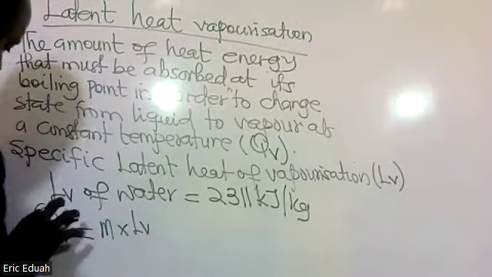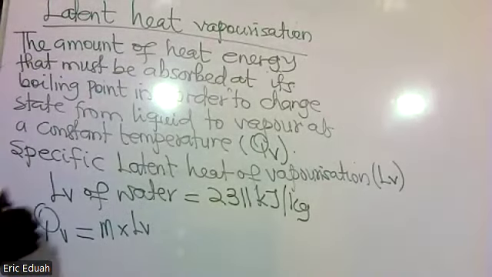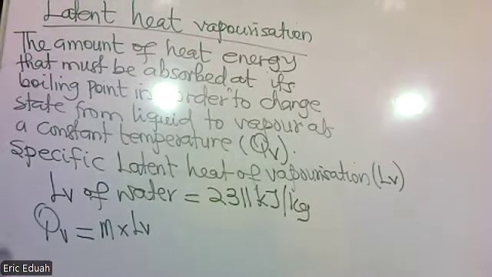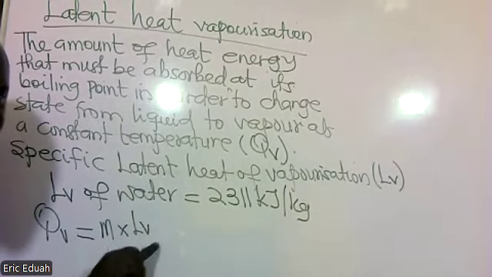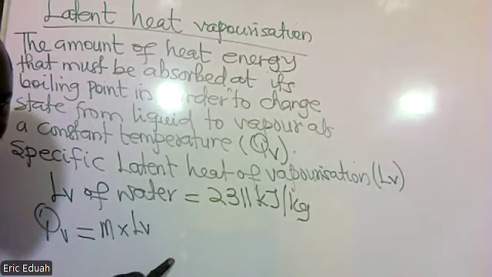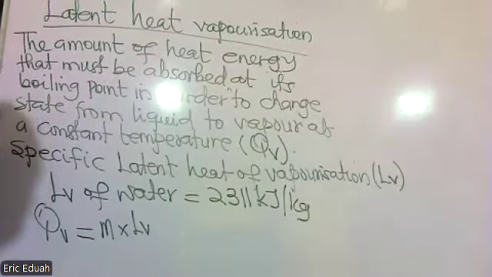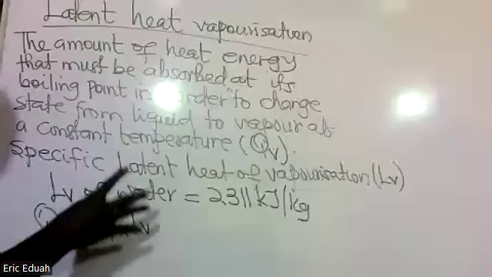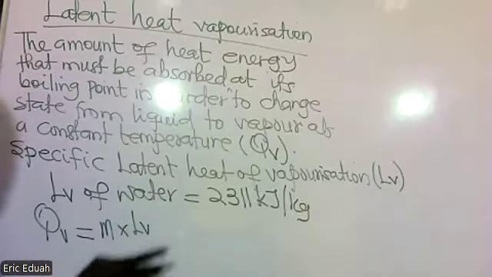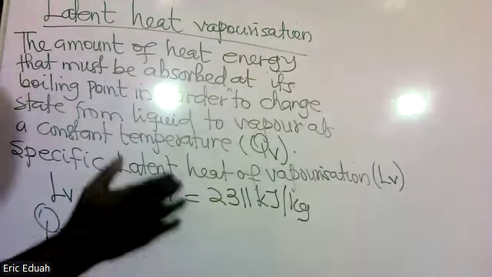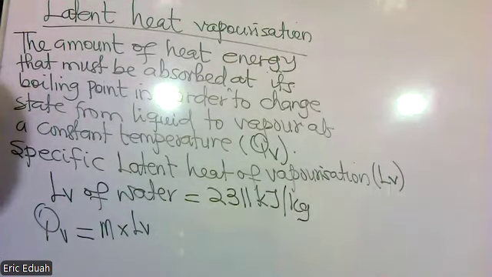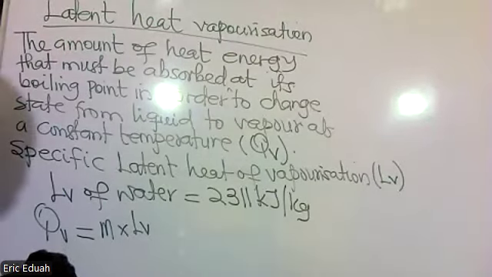So Q subscript V is given by this. Now, because change of state occurs at a constant temperature, you are not seeing delta T, change in temperature, in this one. So we are not seeing any change in temperature here because change of state occurs at a constant temperature. So the temperature from beginning will not change, it will be the same.